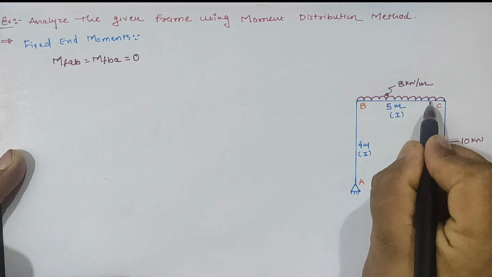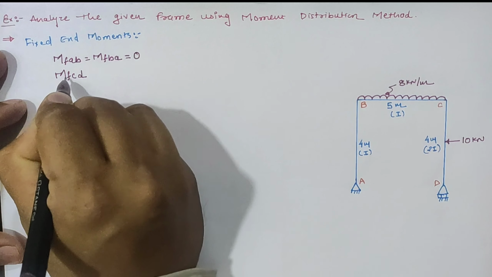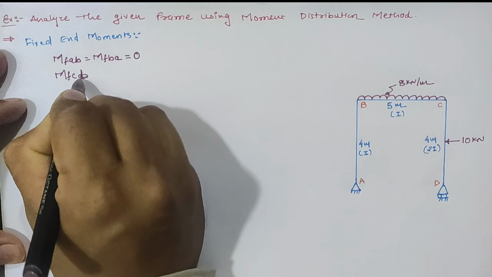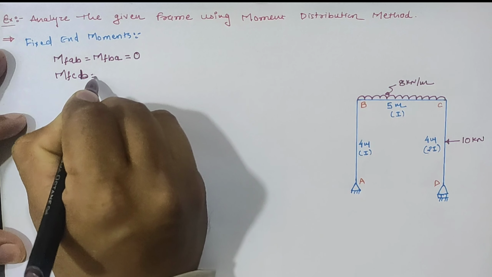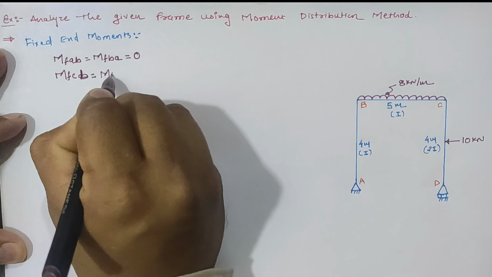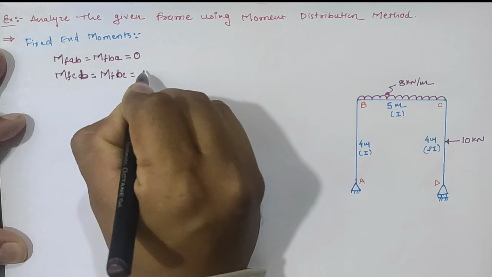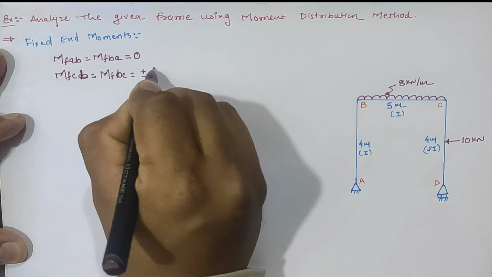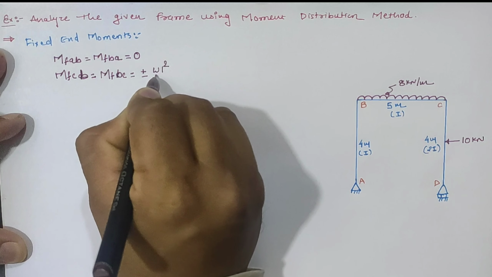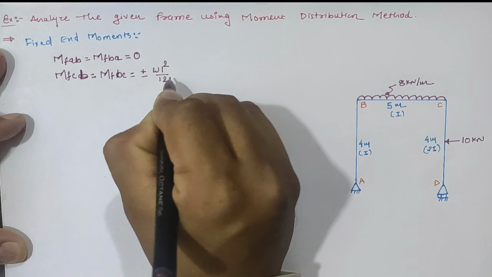Now due to the UDL, the fixed end moment in span BC, MFBC, is equal to plus or minus WL square by 12.